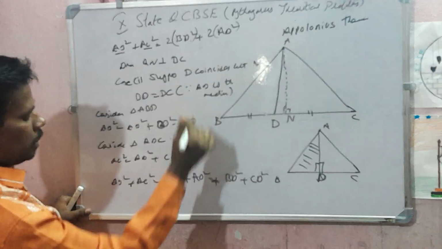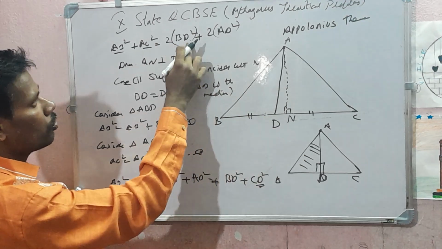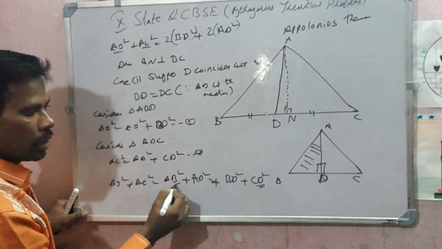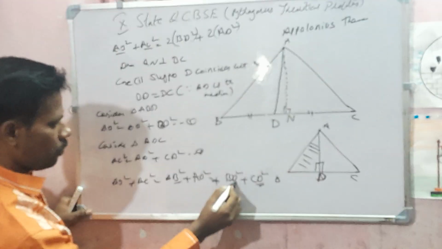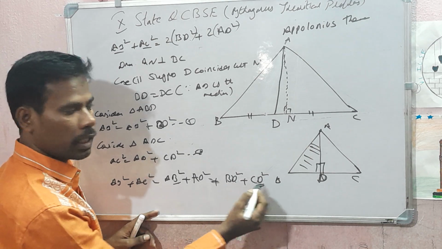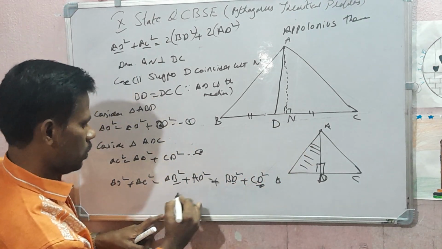BD is equal to CD, right? BD is equal to CD because AD is a median.